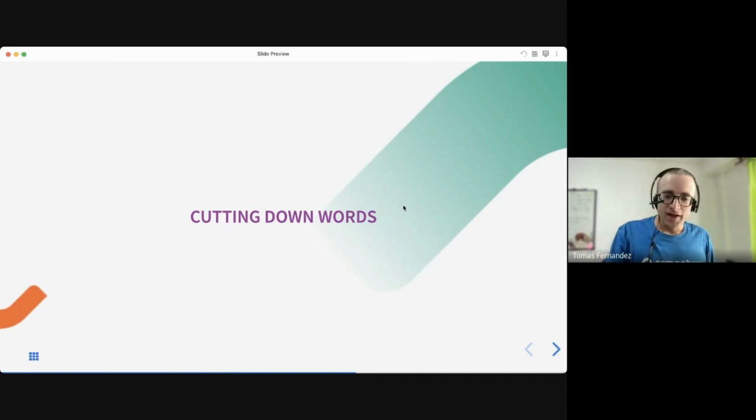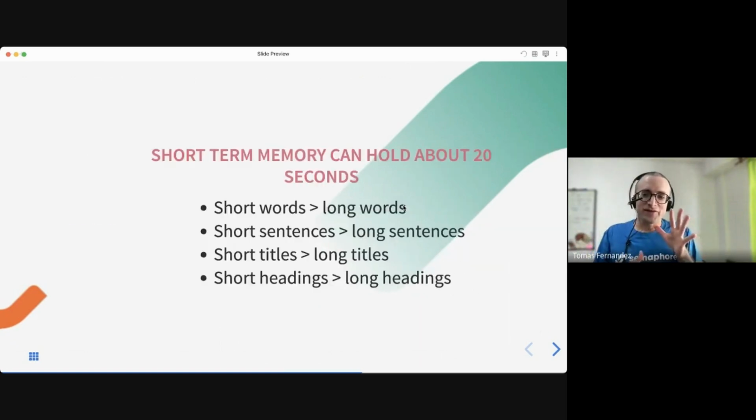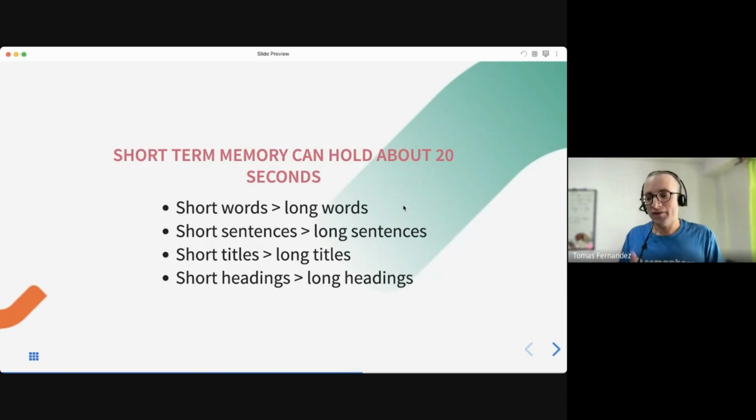You know, there's no hard and fast rule, but there are some guidelines, because people's short-term memory has a limit, and when you have shorter sentences, shorter words, shorter everything, it's easier to keep it in your head and process it.